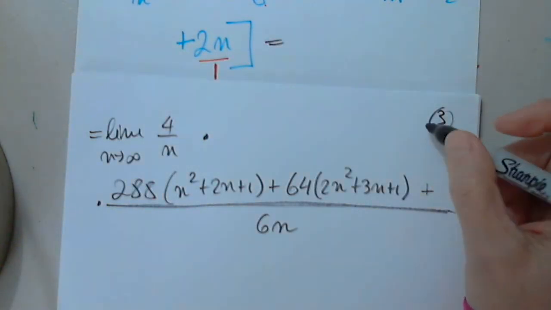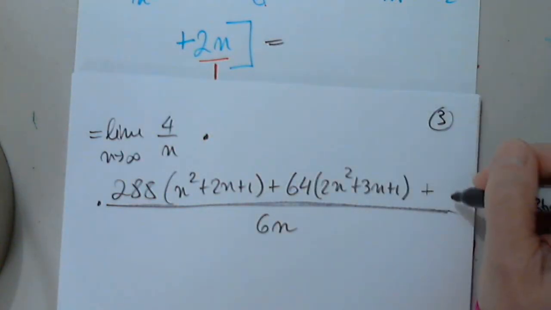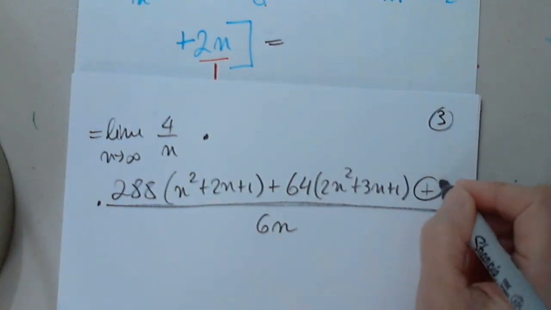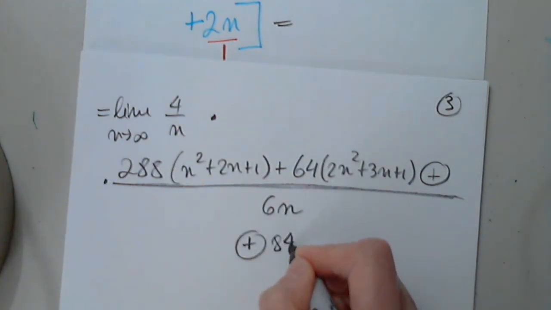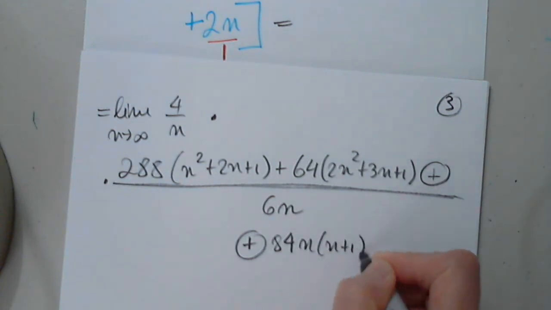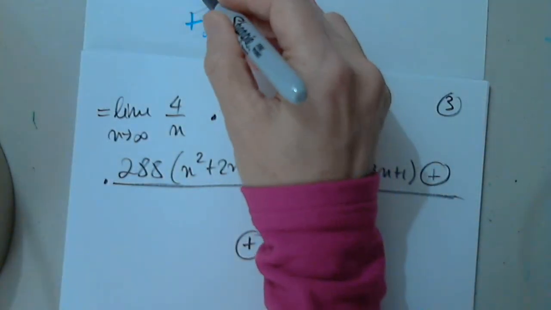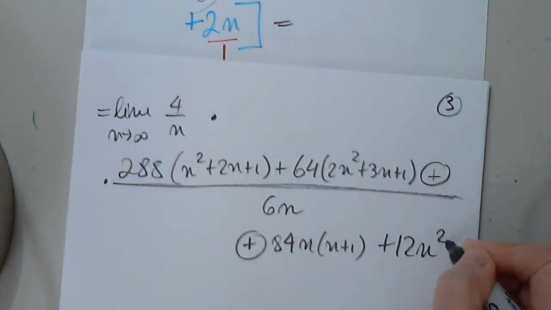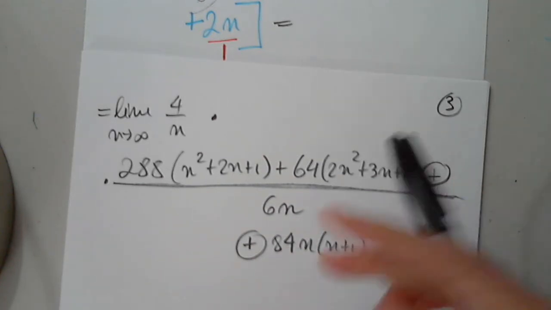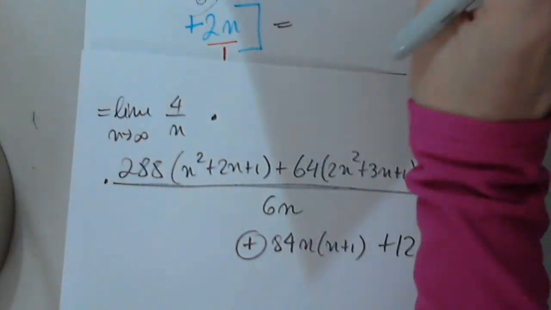So, do I write it here? I'm going to write it here. So it's 84 n plus 1. And this one needs to be multiplied by 6n. So plus 12n squared. So these two should have been in here. But of course, I ran out of room. Okay, we are close.